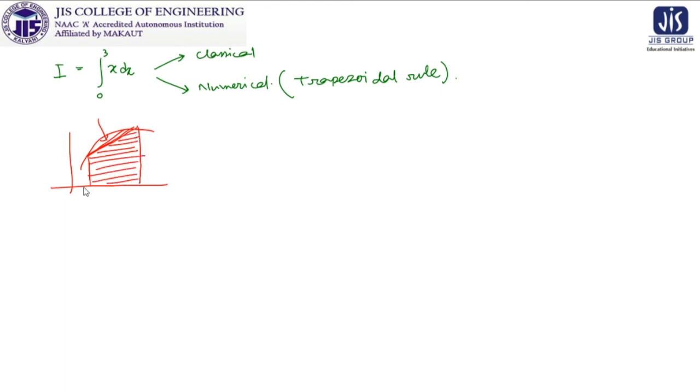If it is A, if it is B, I can write it as x0 and suppose x1, so it will be y0, y1, and the area of this trapezium will be half into this distance, that is b minus a, into the sum of these two ordinates, that is y0 plus y1.